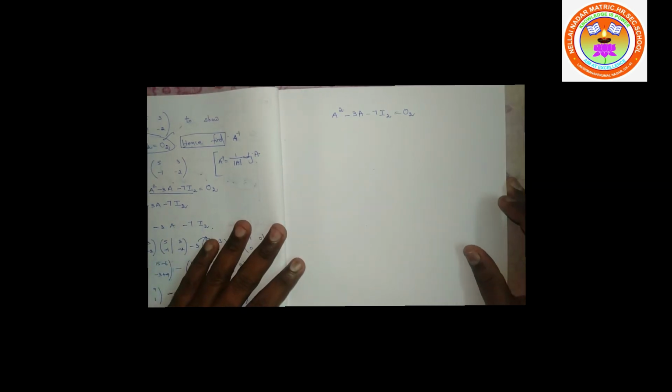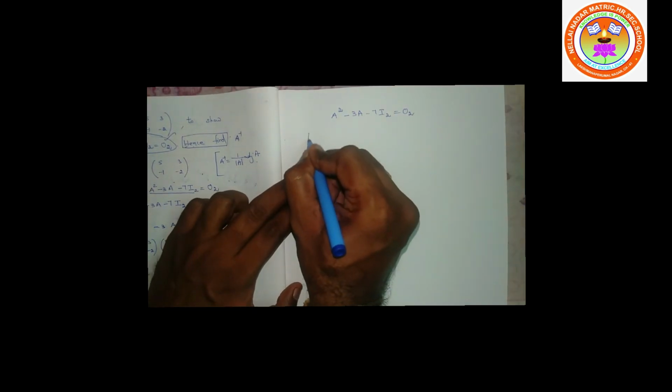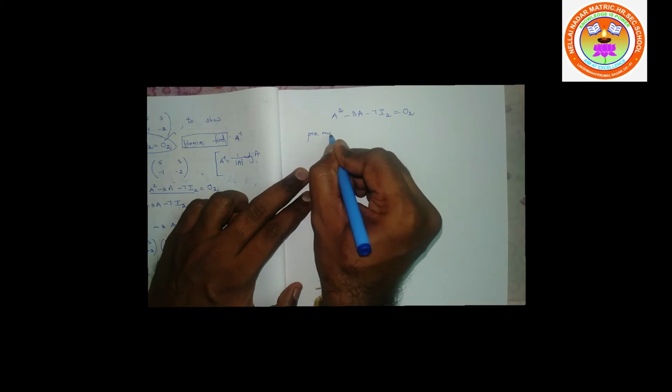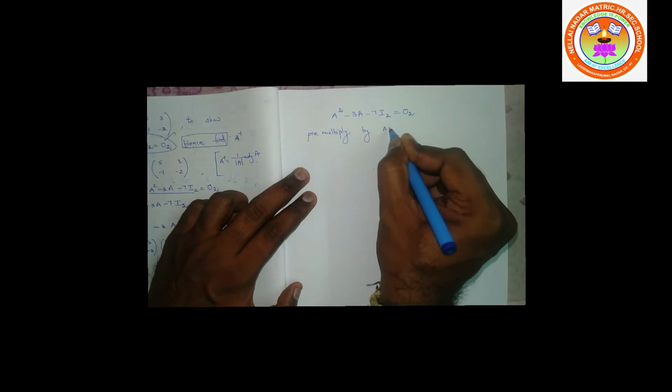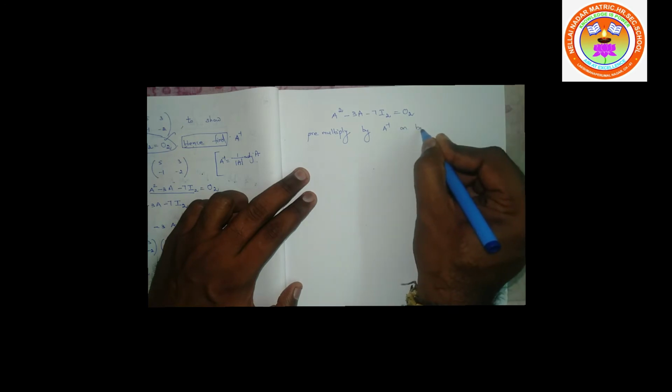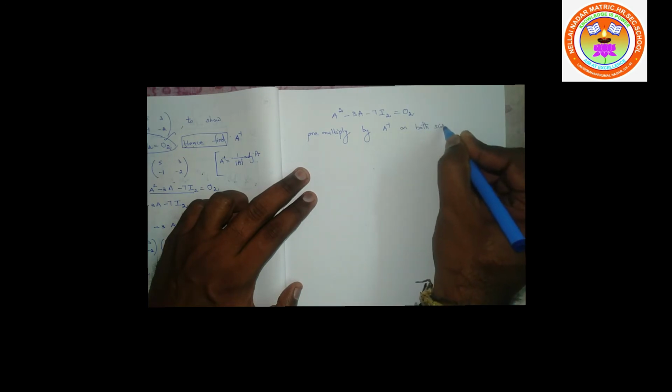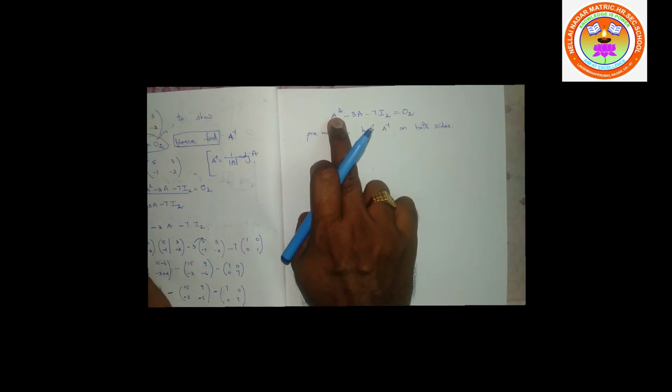You can pre-multiply or post-multiply by A inverse on both sides. So I am going to pre-multiply. Listen carefully. Pre-multiply by A inverse on both sides. Pre means I need to multiply A inverse before that.